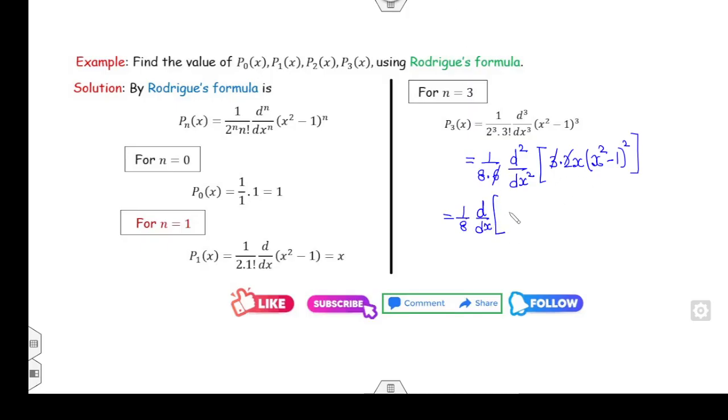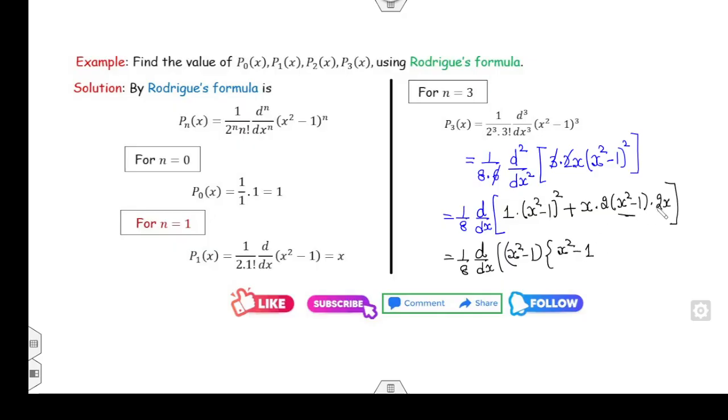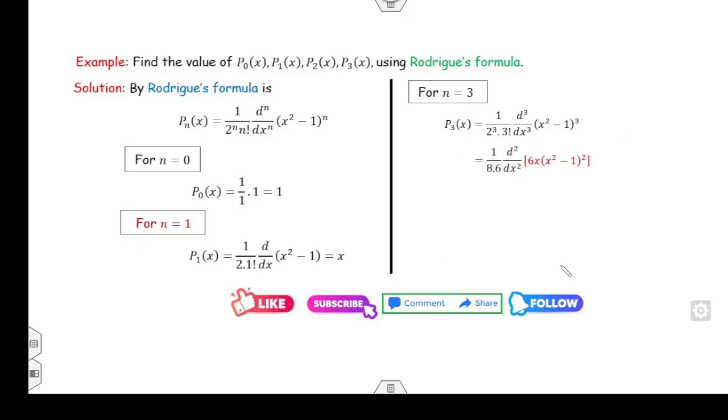So I can apply the product rule. x के साथ करेंगे 1 and then x square minus 1 square plus x into twice x square minus 1 into 2x. x square minus 1 you can take as a common. Fine, थोड़ी सी calculation कर लेते हैं, otherwise यहीं पे solve कर लो, otherwise you can take as a common, कितना रह गया अंदर, x square minus 1, that is a common, is a 4x square. Fine, so that will be 5x square minus 1, and then you can take as a one time derivative. After that you will get the expression is 5x cube minus 3x divided by 2 is the required value of the Pn.